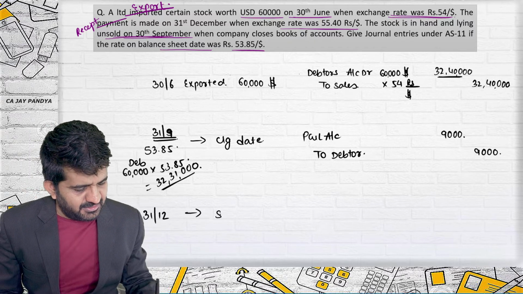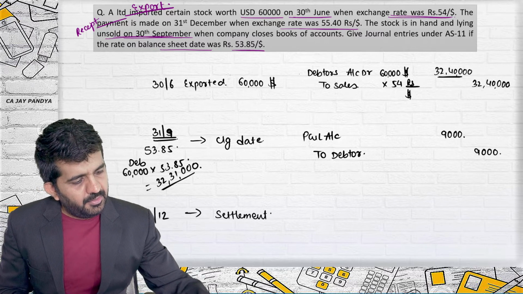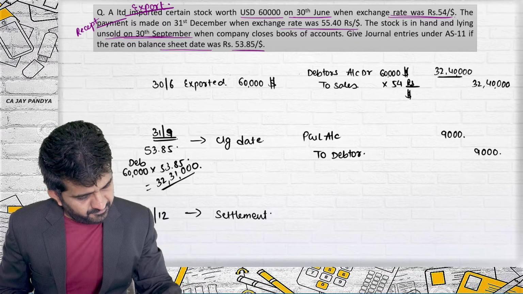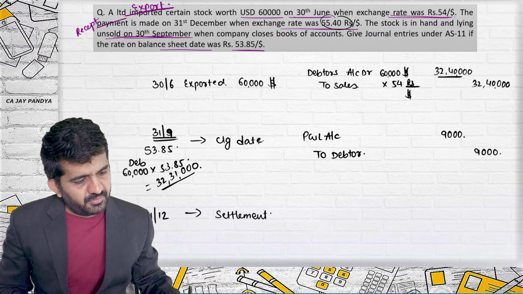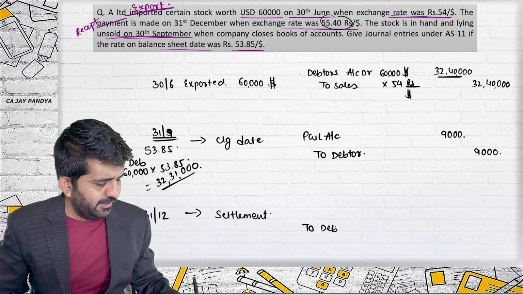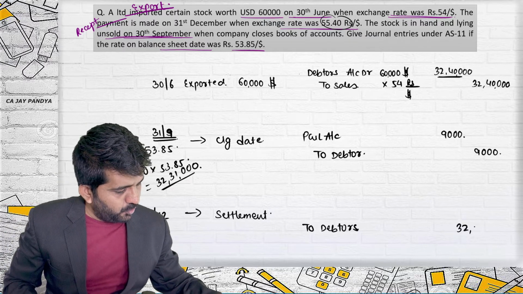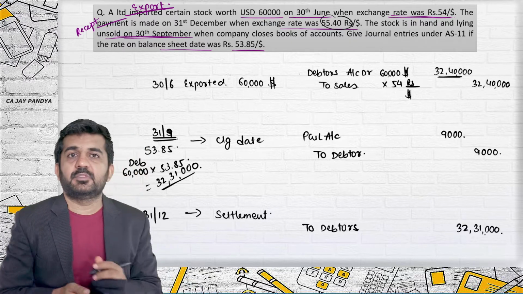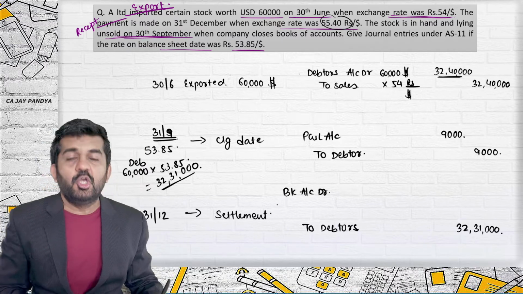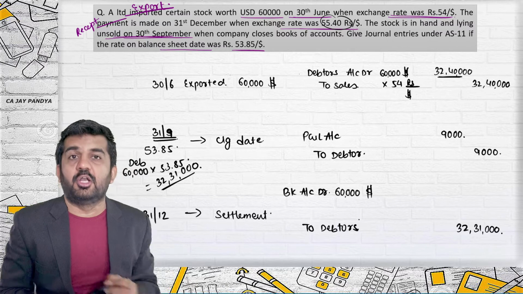We are going to the date of settlement, which is 31st December. Is it all right? It is the settlement date. The rate was 55.40. But first the debtors will be credited whatever was the balance, and as Darshita told, it will be 32,31,000. What will you be receiving? Bank account debit. You will be receiving not rupees but $60,000.